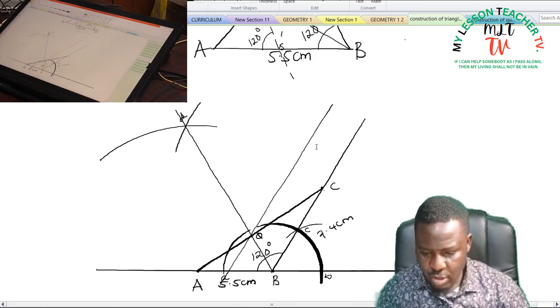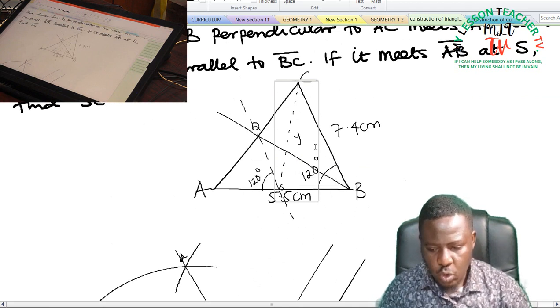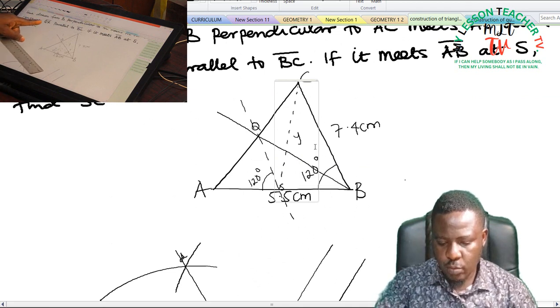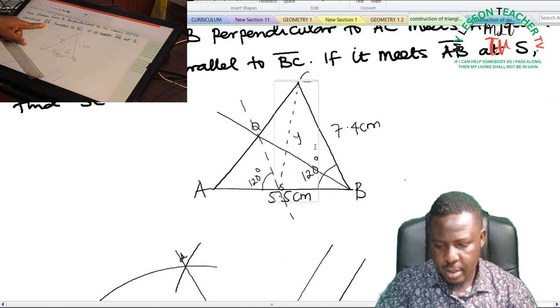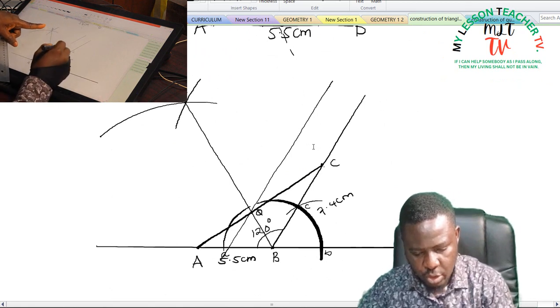So having done that, we are then asked to construct QR parallel to BC. This is what I just did.